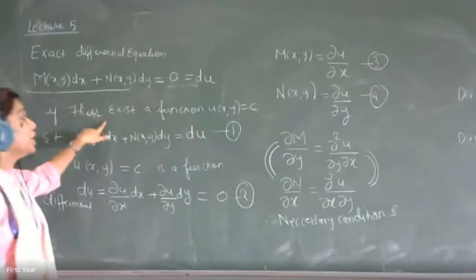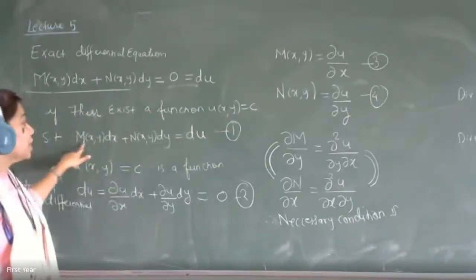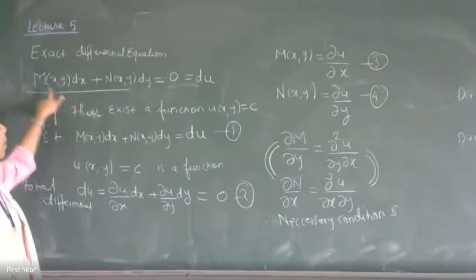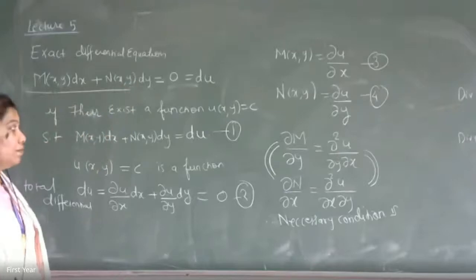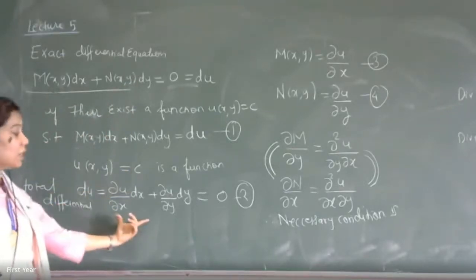By definition, it is said to be exact if there is a function u(x,y) equal to c, whose total differential is the left hand side of the given equation.